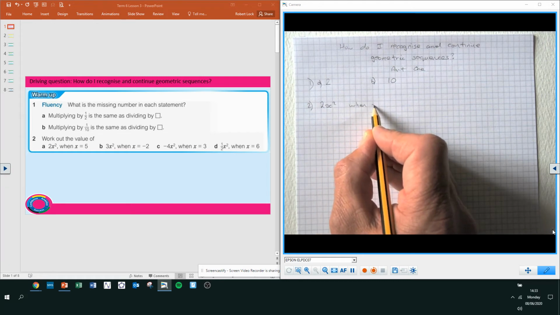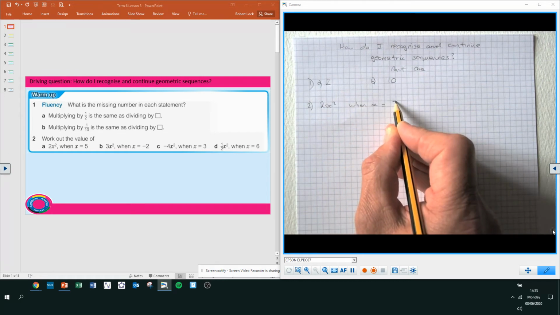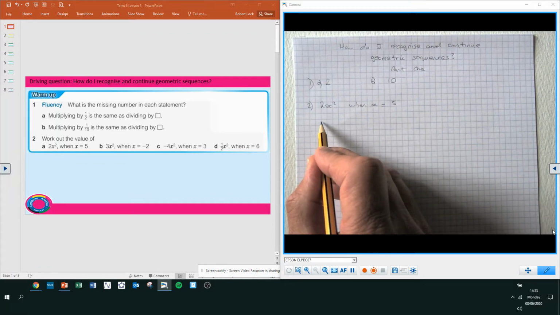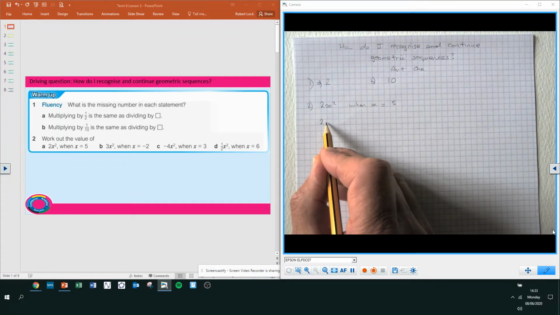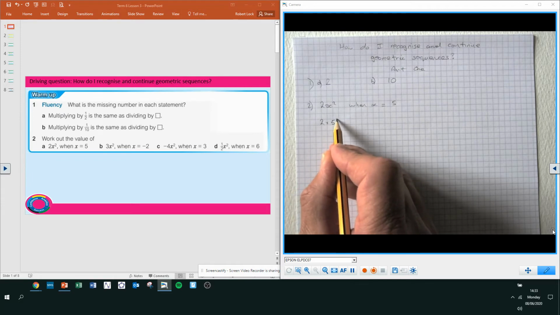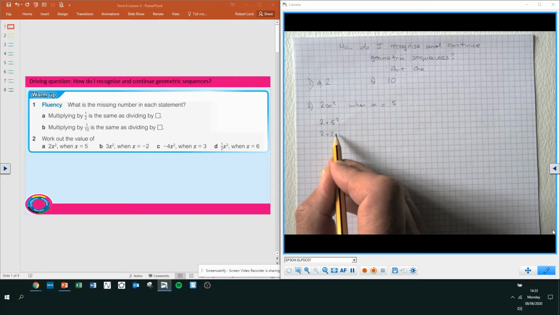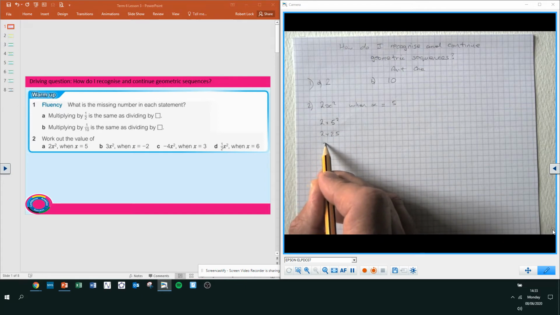when x equals 5. So replacing the value for x in this expression, 2 times 5 squared. 5 squared is 25, so 2 times 25. 2 25s is 50.